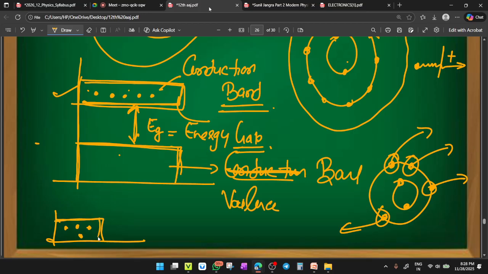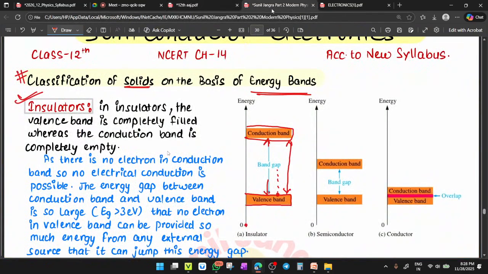So in an insulator, the valence band is completely filled, whereas the conduction band is completely empty, because there is no electron available for moving.